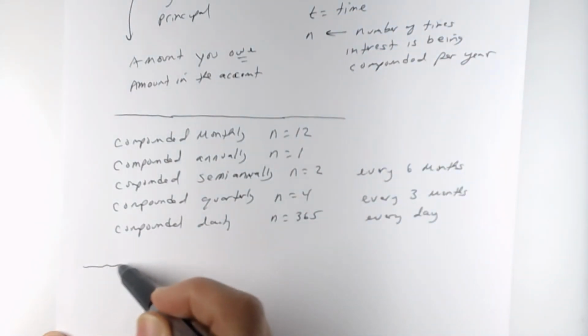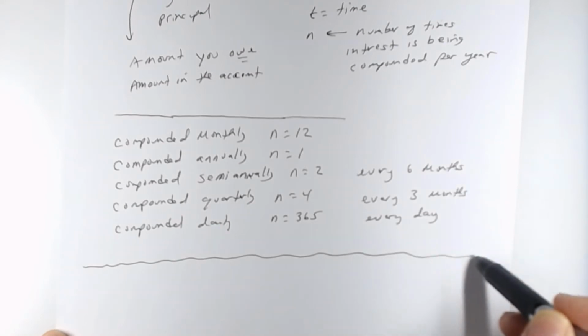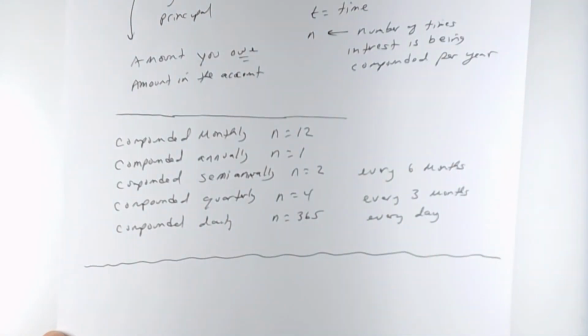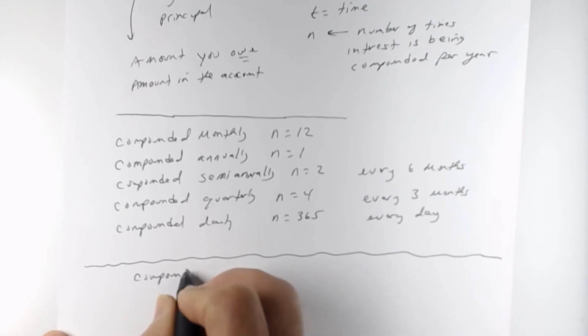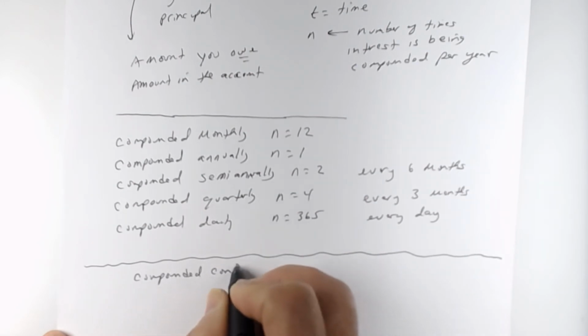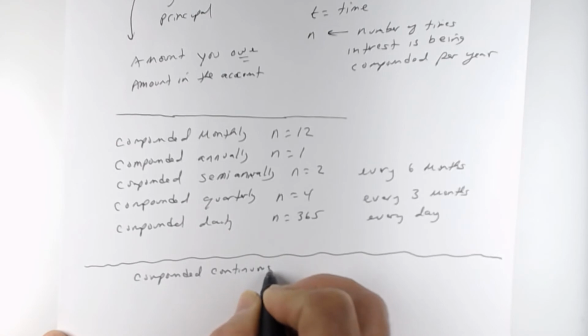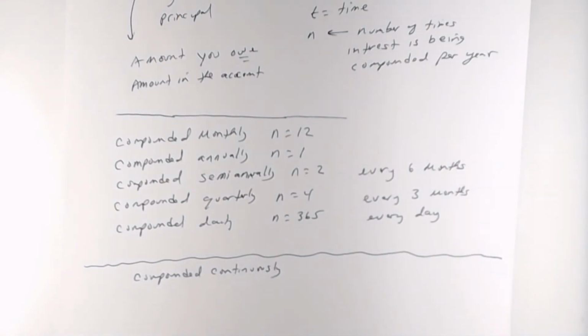There is such a thing, and it's hard to fathom, as being compounded continuously. Not all savings accounts do that. Usually they don't. It depends on your bank.